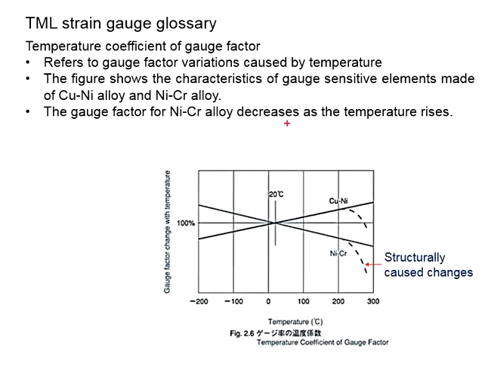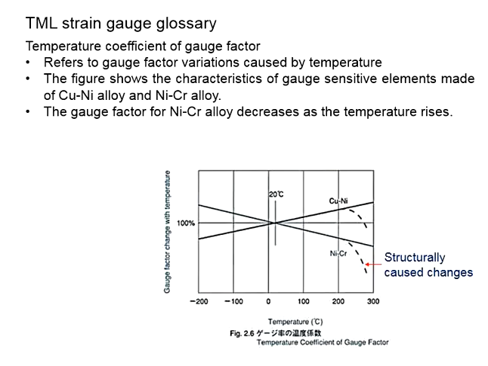However, reaching a certain stage, structurally caused changes occur. Theoretically, when this happens, the strain gauge cannot be used. This one will be exceeding 200 degrees Celsius. Therefore, to be safe, never use a strain gauge at a temperature of more than 200 degrees Celsius.